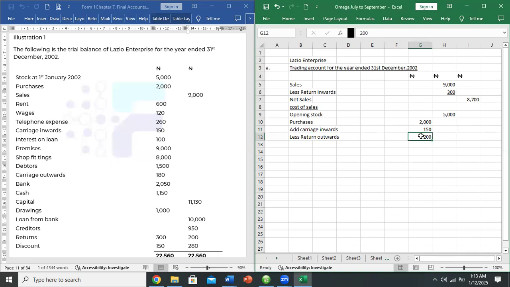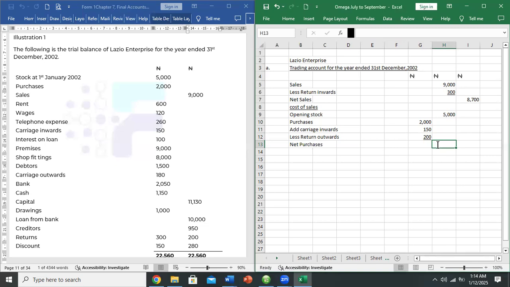So when you do that adjustment to your purchases, you arrive at the net purchases. The net purchases is now what comes under the opening stock, right? So that is added on to get the next item. So let's see our net purchases. 2,000, we add 150, that will be 2,150. We less 200.